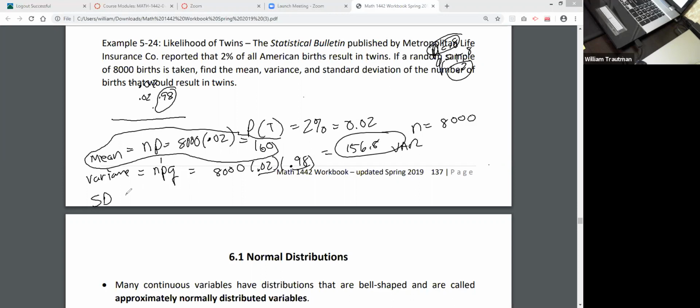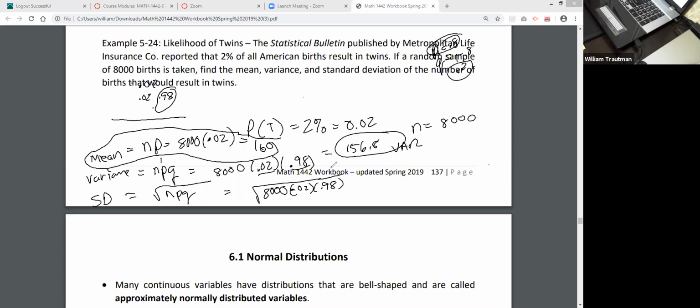And finally, standard deviation is the square root of NPQ. The square root of 8,000 times 0.02 times 0.98. So put all that in the square root.